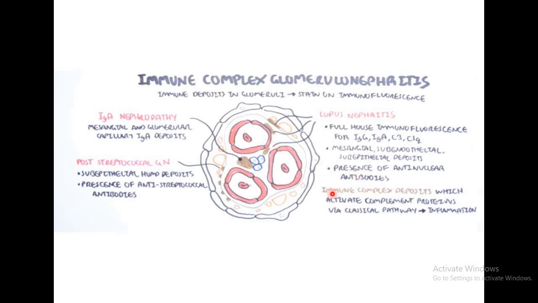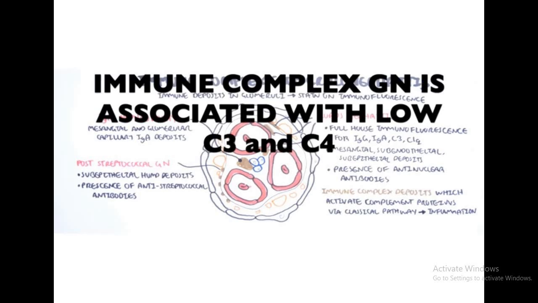So all these immune complex deposits activate the complement proteins via the classic pathway and lead to inflammation. So there will be reduced complement levels in the serum except in IgA nephropathy. Okay. So this is about immune complex glomerulonephritis. So there will be low C3 and C4 levels in immune complex glomerulonephritis except IgA nephropathy.